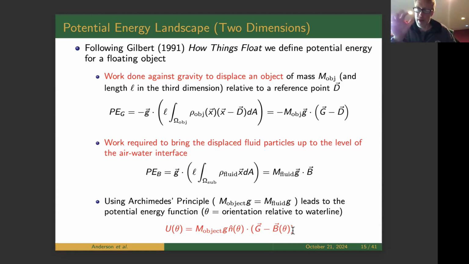So in our actual computations, we fix the object and then just let the water line rotate 360 degrees. It's a little bit counterintuitive from the point of view of something floating in water, but it's easier computationally just to move that line.